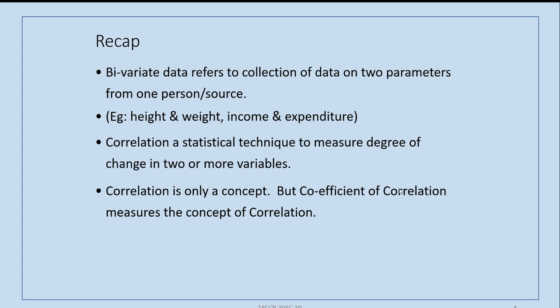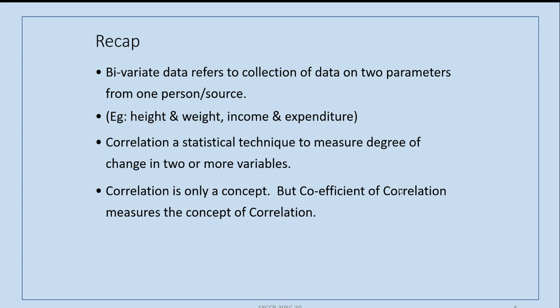Degree of change means, as I said, the amount of change in two or more variables. Just now I have explained what is bivariate. So when we take height and weight, the degree of change in the height and weight, and whether there is any relation between height and weight, are also looked into.